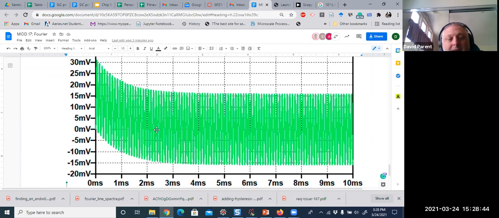So for that low pass filter, if I apply a sine wave and then wait 5 tau, it'll appear like it's always been there. You've probably done this a lot in labs, and you never would notice this because that's happening so quickly.